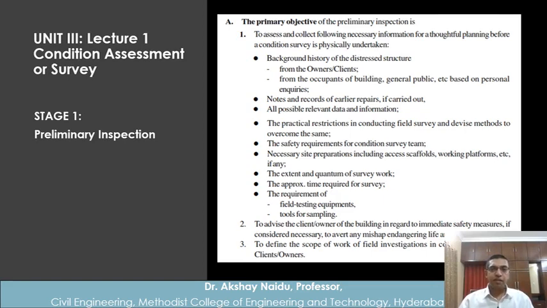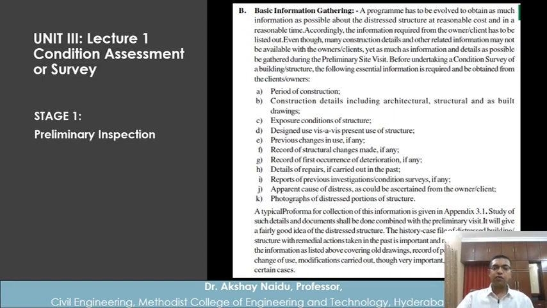The owner should immediately do some measures, vacate people from that place, or immediately, even before full detailed repair of the building is done, that portion of the building should be immediately repaired. Then to define the scope of the work of field investigations in consultation with the clients and owners. So that was the objective of the preliminary inspection.